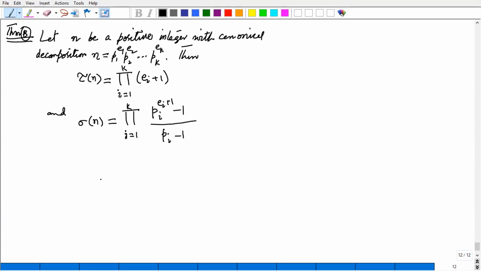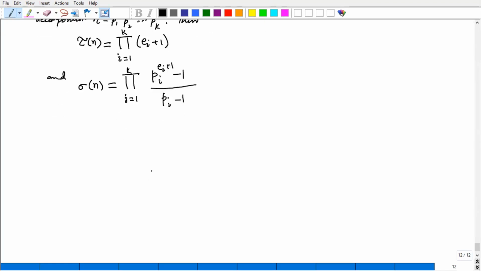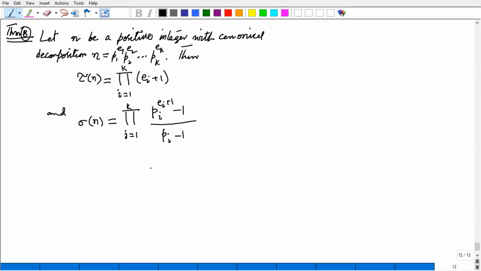Okay, the proof of this result is very simple and easy. We know that tau and sigma are multiplicative functions. So if we apply the formula over n, then we can apply tau and sigma over the product.